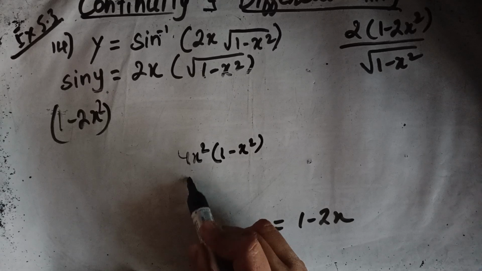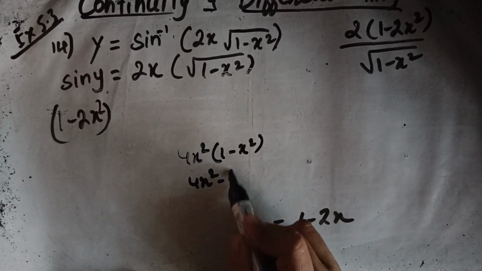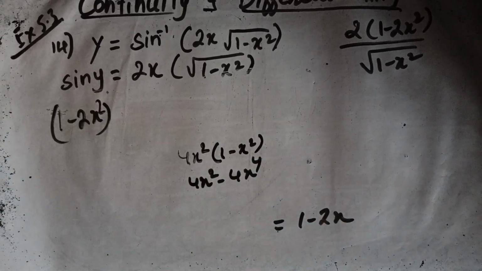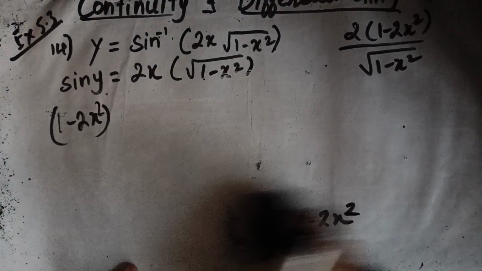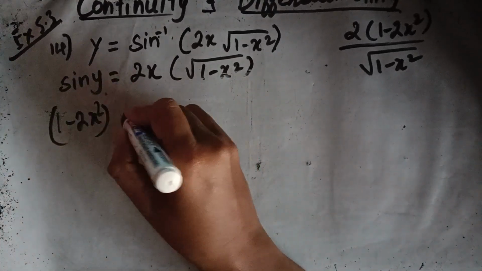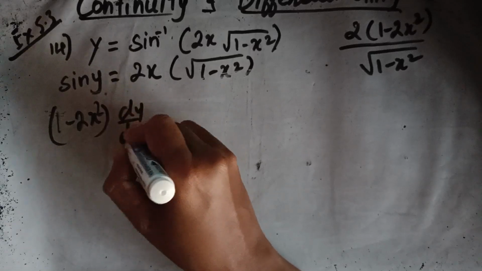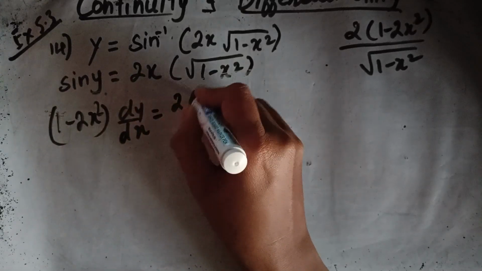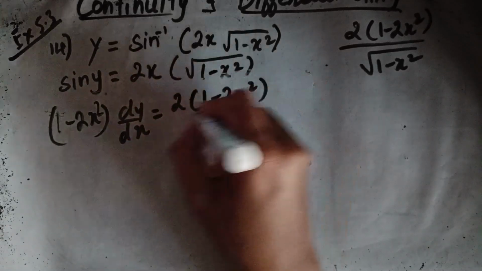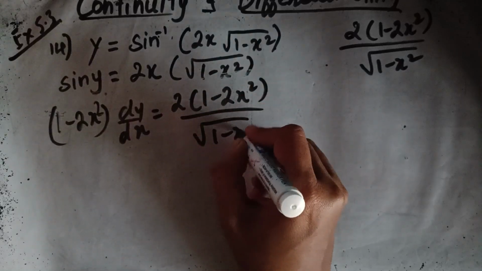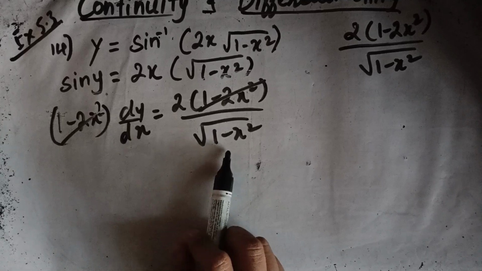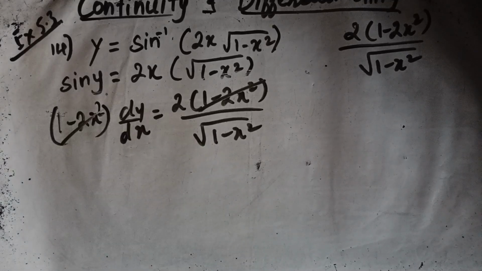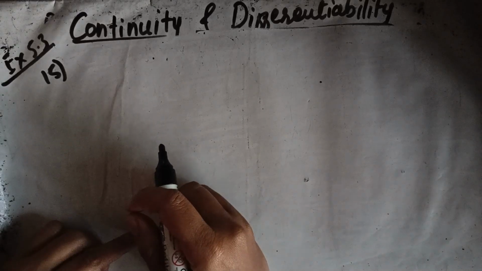So 2x, 1 minus 2x square, dy by dx, 1 minus 2x square. So this cancels, so we'll get 2 by root of 1 minus x square. Okay. Question 15.